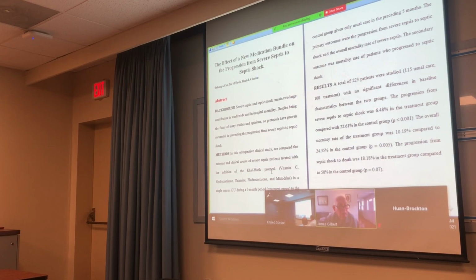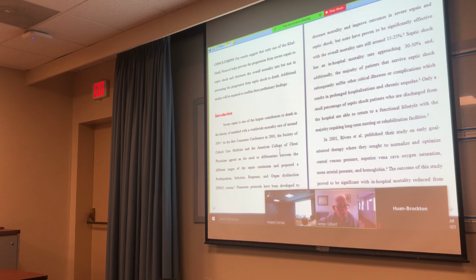So this is our Calmeric protocol study. And basically, this is the abstract, if you want to read it quickly. We had severe sepsis patients that come to the ICU. Historically, we have the protocol that came out in 2018, which used 3 medications, vitamin C, thiamine, and hydrocortisone for patients with septic shock.